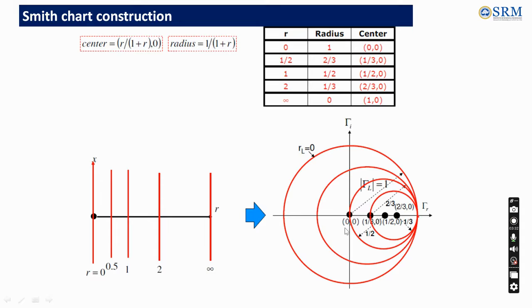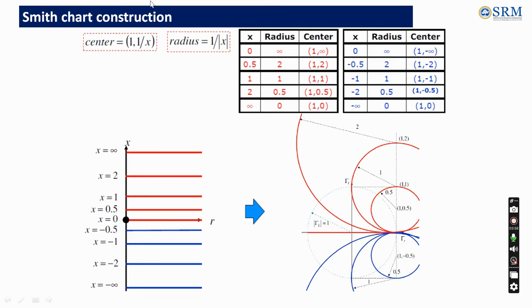To find the R equal to 1 circle, you substitute R equal to 1, it is 1 divided by 2, so 1 by 2 comma 0 is the center, and the radius is going to be 1 divided by 1 plus 1, which is 0.5. 0.5 is the radius of the R equal to 1 circle. Hope you understood. Similarly, we can find the other circles.